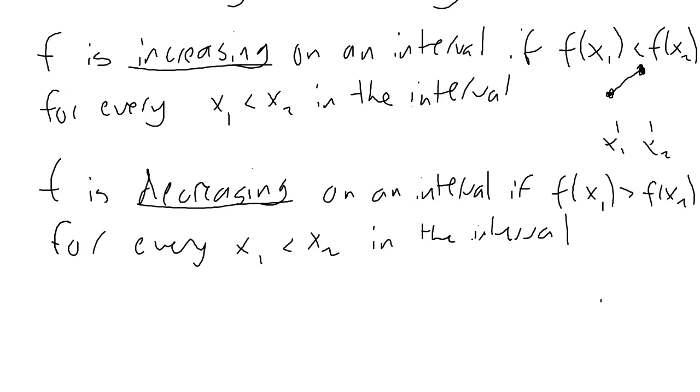So if I had x1 and x2, x1 being the smaller one, then f being decreasing means that this value over there was bigger than this value there. So what it looks like is that f is going down and to the right. So when scanning from left to right, f is going down.